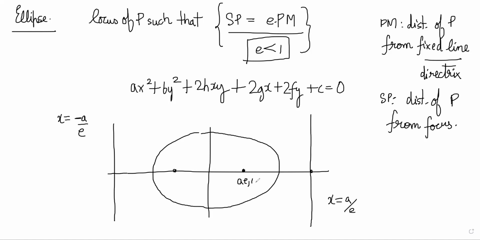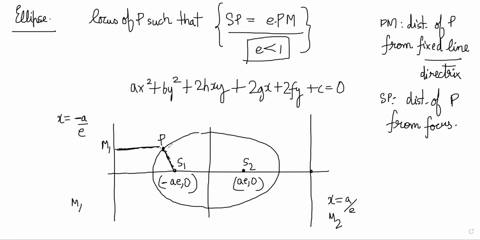This is ae comma 0 and minus ae comma 0. This is S1, this is S2, and this is M1, let's say, and this is M2. So your locus is such that PS1 is equal to e times PM1. PM1 is this distance and PS1 is this distance. It is always satisfying PS1 is e times PM1.